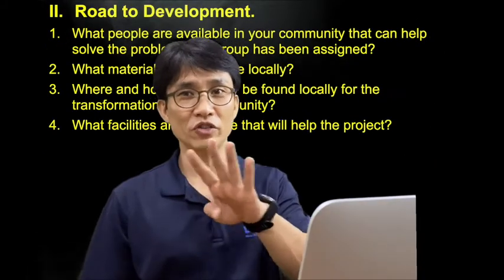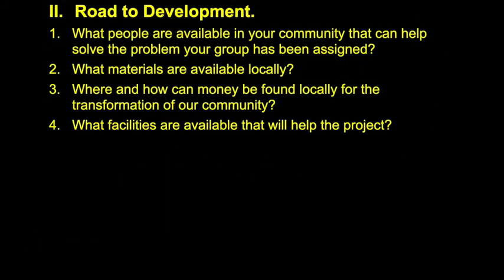There are 4 questions. What people are available in your community that can help solve the problem your group has been assigned? What materials are available locally? Where and how can money be found locally for the transformation of our community?